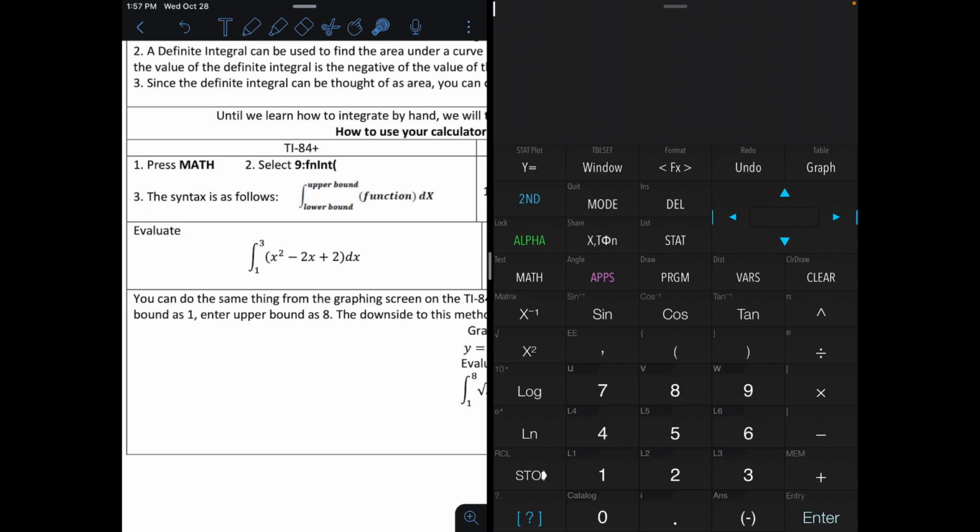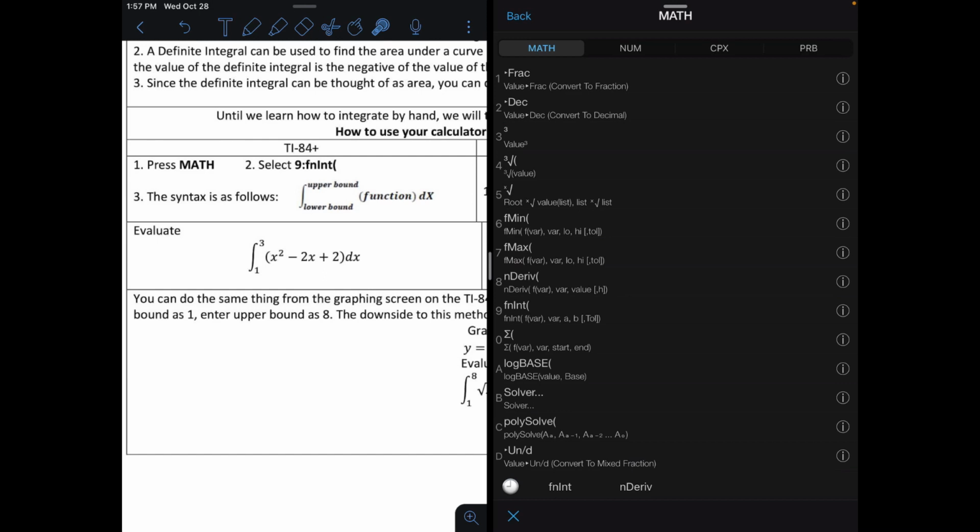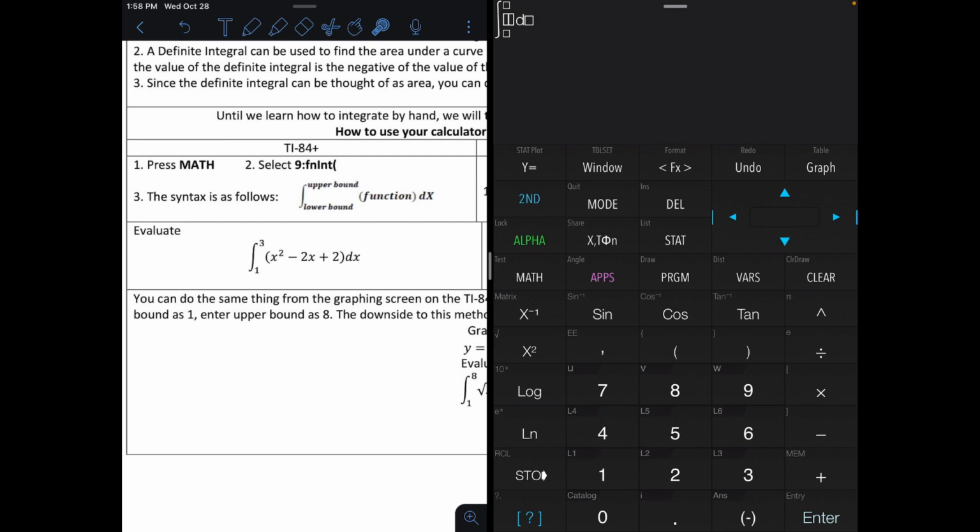Now, on the TI-84, what you would do is press the math key. My menu looks a little bit different, but we still would go to number 9, FNINT, and it will pull up this block scenario, where you just have to fill in the blocks. The lower limit of integration is 1. The upper limit of integration is going to be 3. Then we type in our equation, which is x squared minus 2x plus 2.